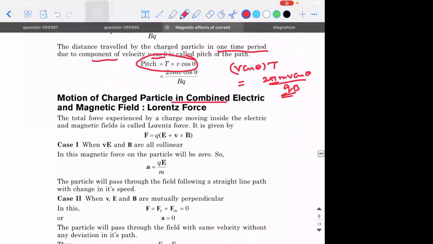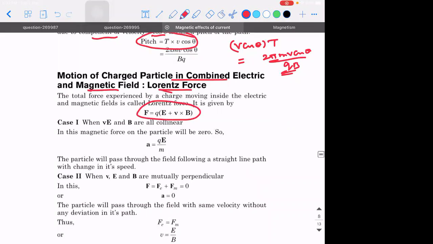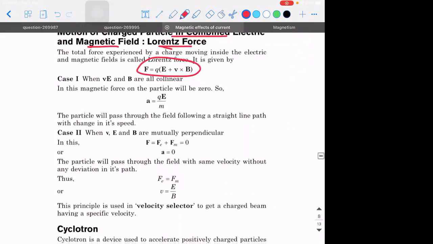Next is motion of a charged particle in combined electric and magnetic fields, which is given by the Lorentz force. This I have already told you. F is equal to q into E vector plus v cross B vector. So acceleration of the particle is equal to qE divided by m. Suppose v, E, and B are perpendicular to each other such that the electrostatic force plus the magnetic force comes out to be 0.